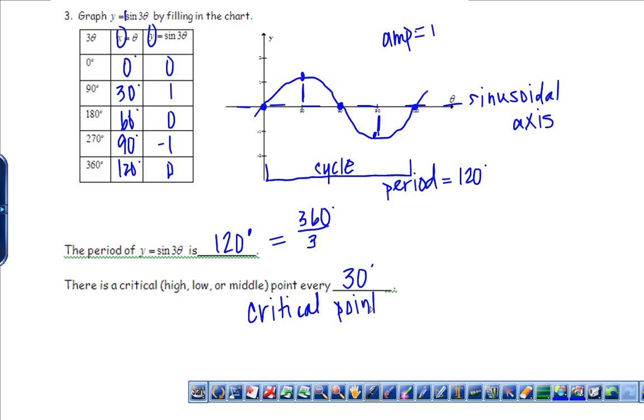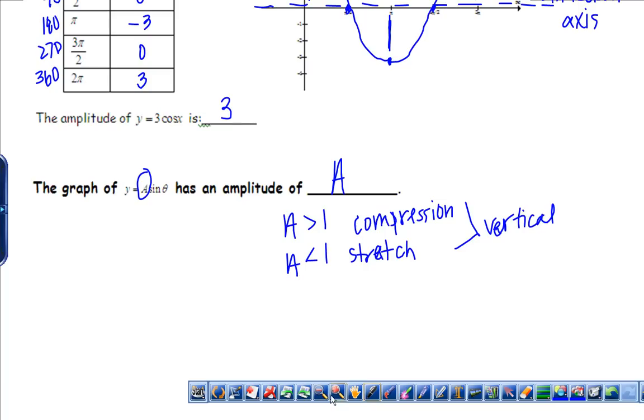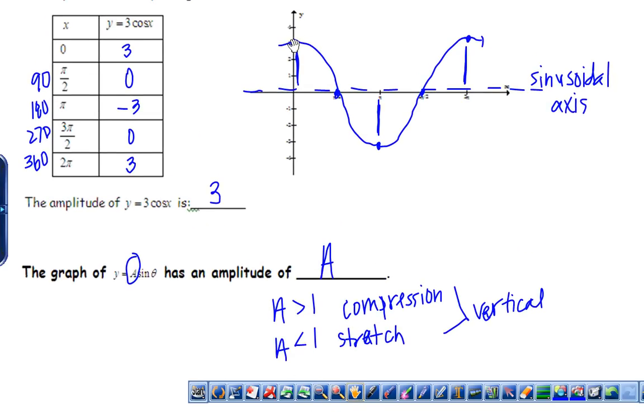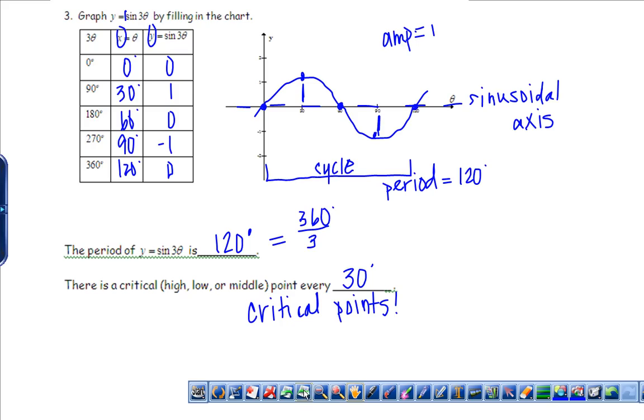And are you always going to have critical points? You are. And if you go back, we can see that we've had critical points every single time. On this one, we had critical points here.